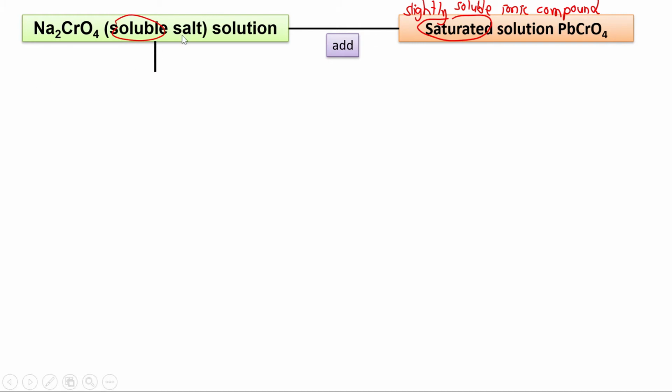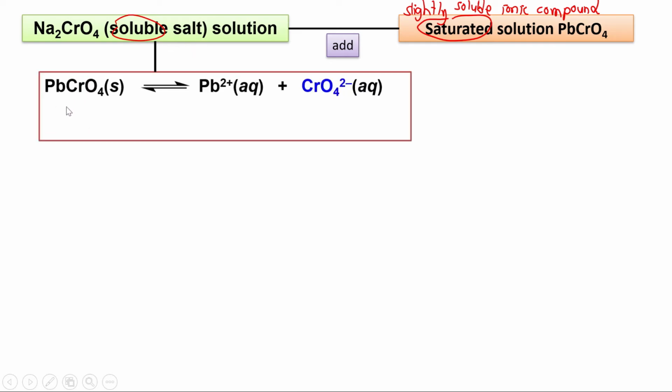Since there are two solutions here, you must write two equations. The first one represents the saturated solution. As this is the slightly soluble ionic compound, it is denoted as solid in equilibrium with its ions: plumbum 2 plus ion and chromate ion. And since this is a soluble salt, it is 100% soluble.